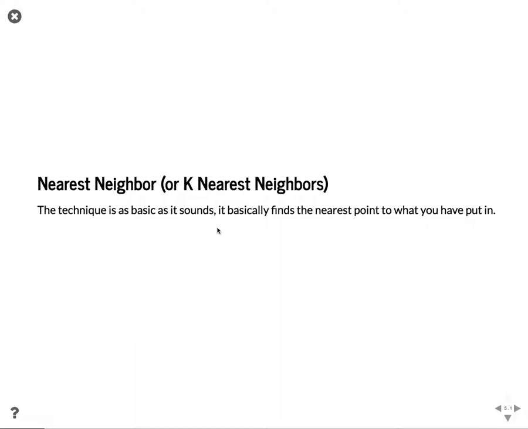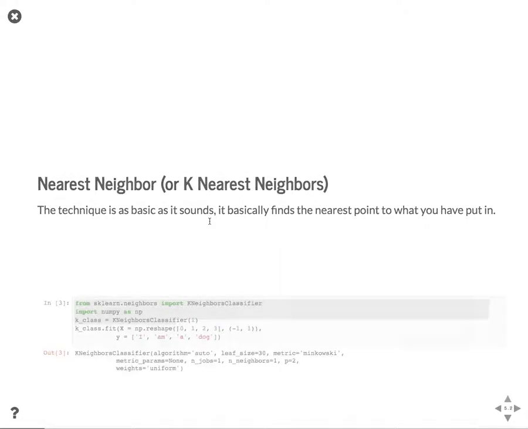I don't think anyone would call this computer intelligence, and this is the starting point for a lot of the things that you'll do. Nearest neighbor just finds the one nearest neighbor. K nearest neighbors finds the k, whatever k is, nearest neighbors, and averages them together. If you're looking to get more stable results, you might not just use one, but you can just use one and simply memorize your data.